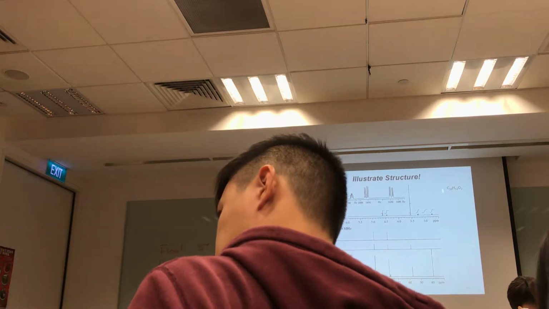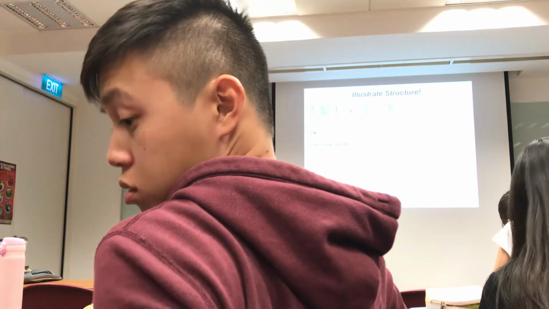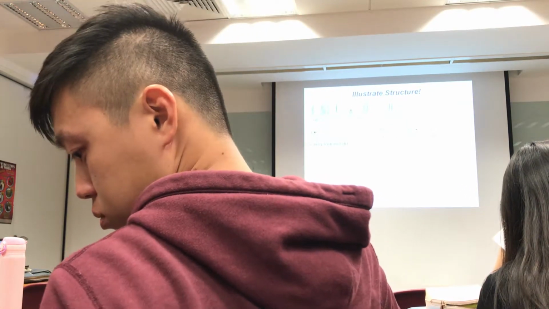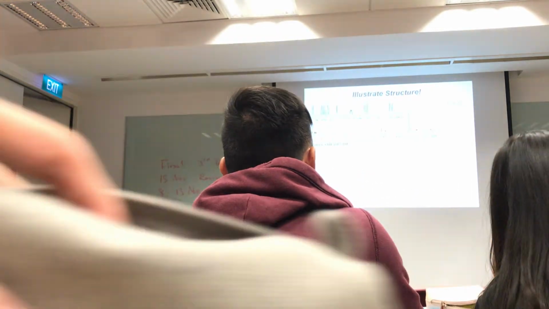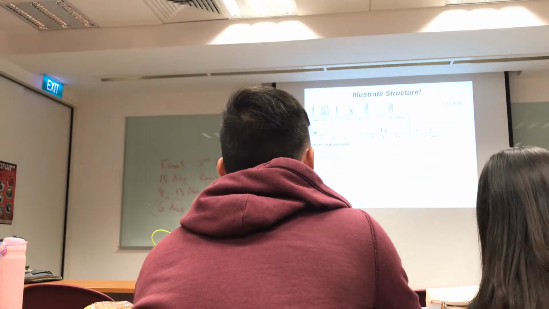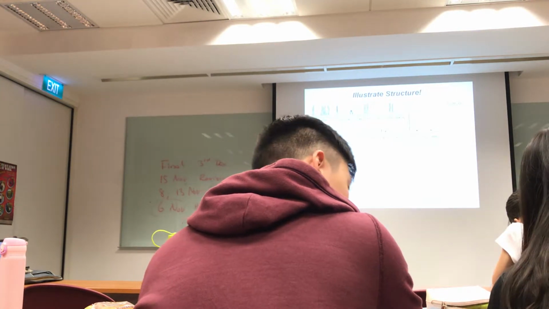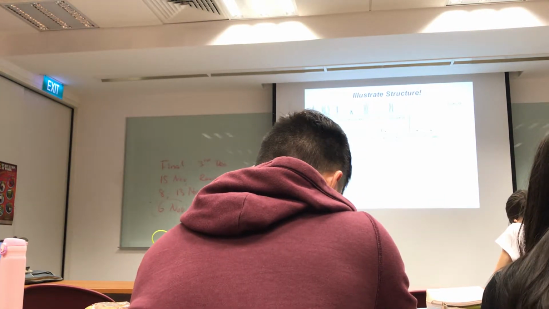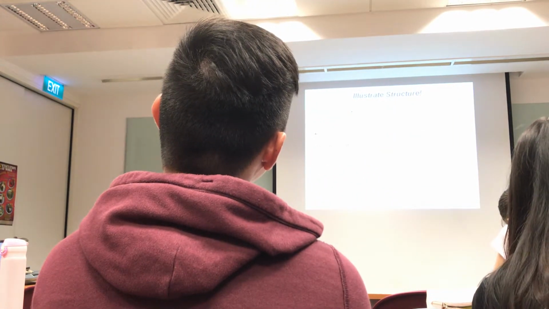Now we look at this spectrum. This is the proton NMR of one organic compound with the formula C10H12O2. This is the proton NMR. This is carbon and DEPT. First, we look at the proton. This is the zoomed-in signal.